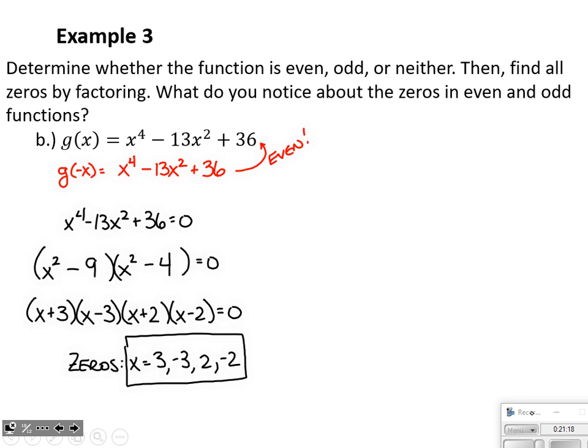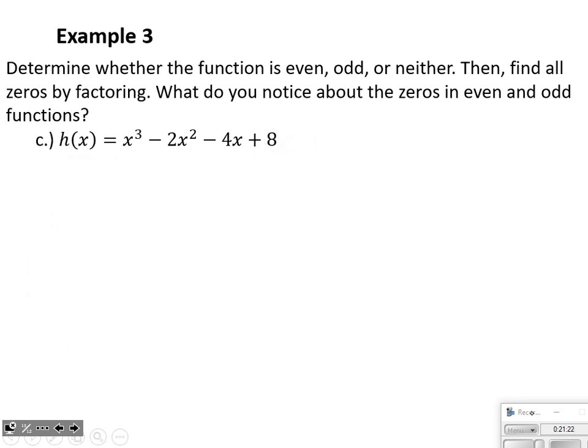And lastly, letter C. The only hope I have at factoring a four-term polynomial is by grouping. Let's test if it's even or odd first. If I plug in a negative x, the even-powered term stays, the odd-powered term changes, and constants don't change. Is it an exact match to up above?